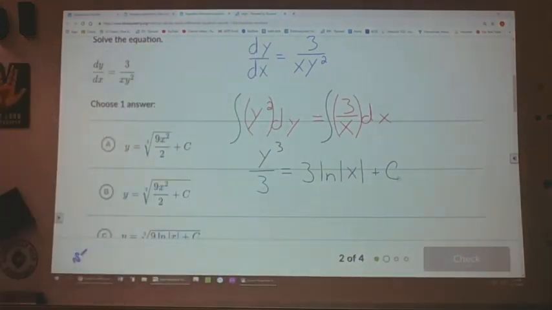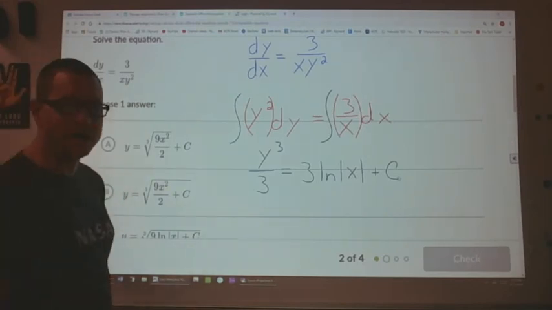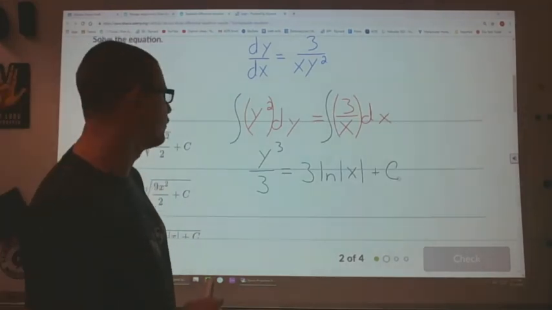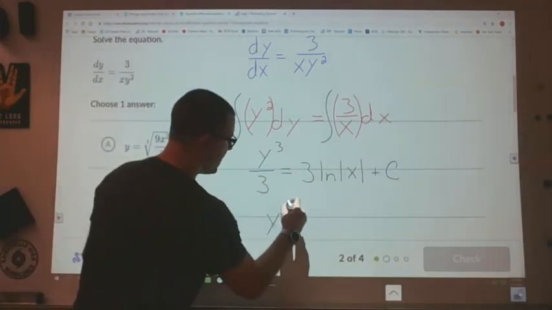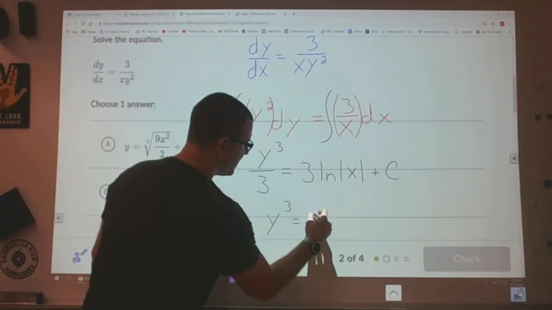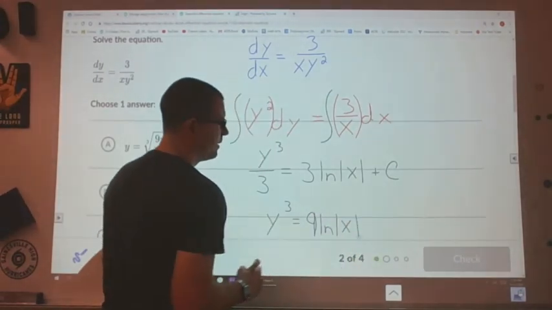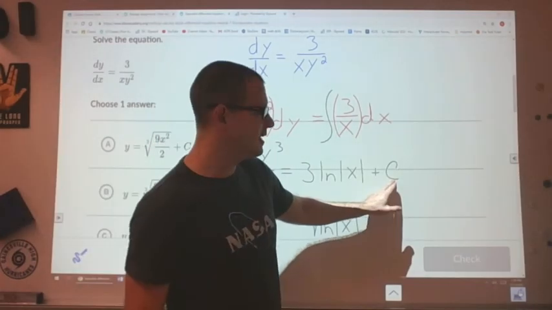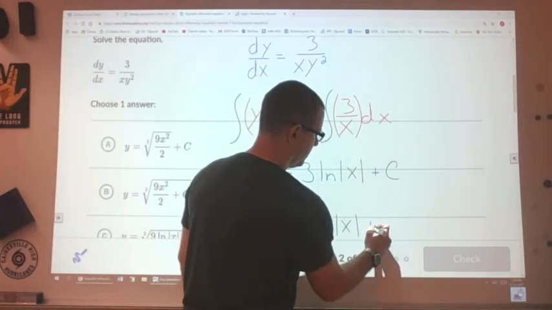But now, you'll notice all your answer choices are solved for y. That's going to be our next step, solve for y. So we need to multiply by 3. So y to the 3rd is equal to 9 times the natural log of the absolute value of x. And 3 times a constant is still a constant. So we just need that plus c still.